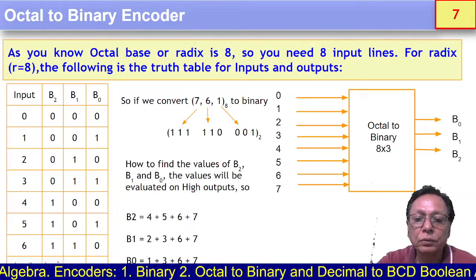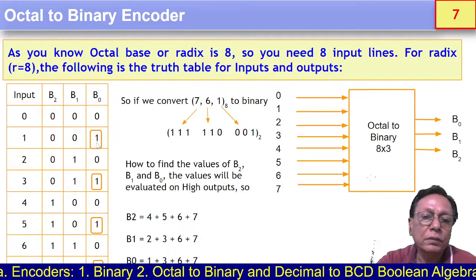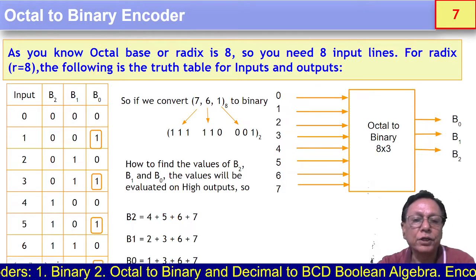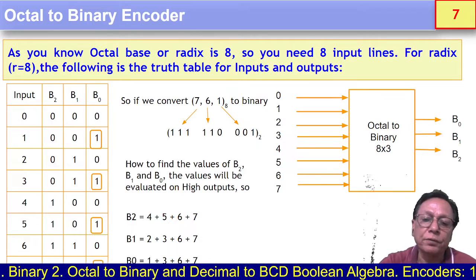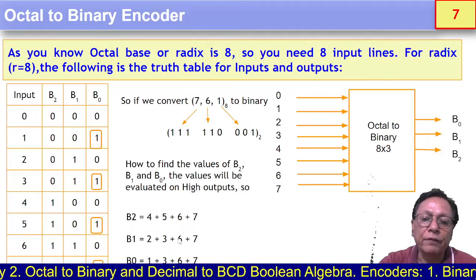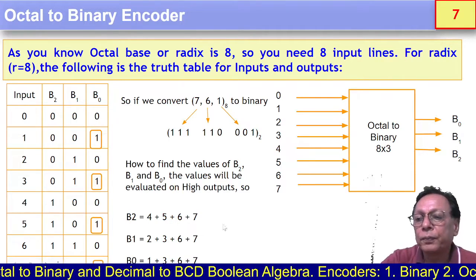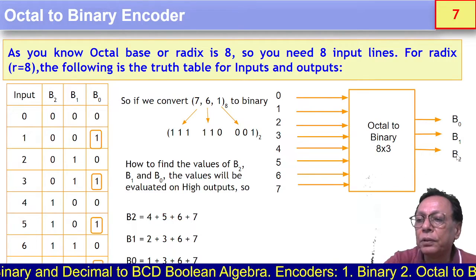For B0, 1 should be high, 3 should be high, 5 should be high, and 7 should be high. So this is the way you can take the output of the three signals B1, B2 and B0.